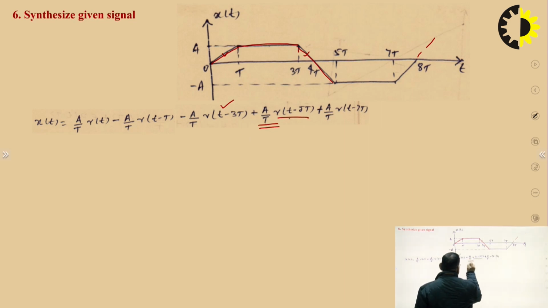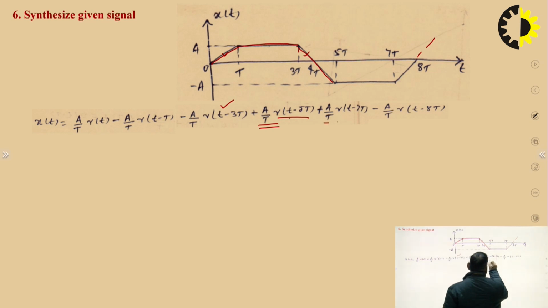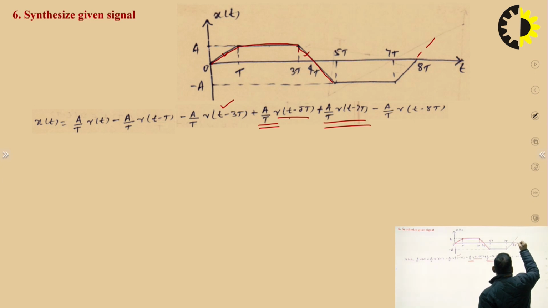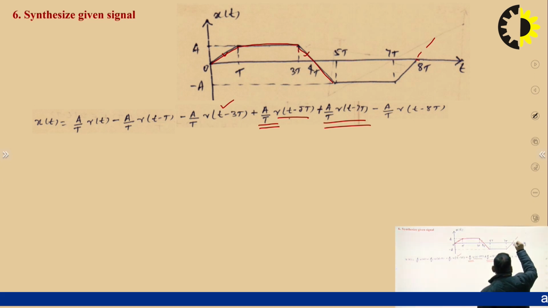So this is the positive slope, this is the negative slope. So the line becomes horizontal till 7t. So at t is equal to 7t, we have to give the positive slope. So from there it will increase, r(t minus 7t), this one. So here we have positive slope, and this line is increasing. So we just have to deduct this portion. So for deducting this, we write this one.